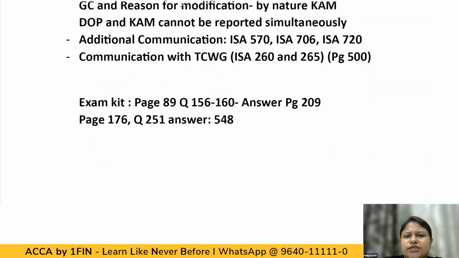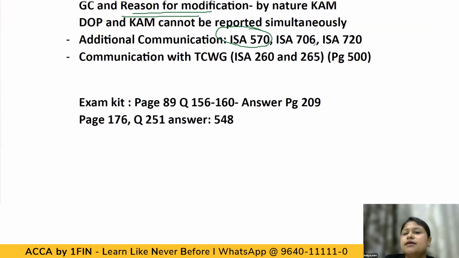Now, additional communication happens by 570, which we already discussed, going concern, regarding how management has disclosed. If it is appropriate, you give an unmodified opinion, but you will write the material uncertainty in the going concern paragraph. If the management has not disclosed appropriately, you will give an adverse opinion, but that time you will bring it where? In the basis for modified opinion paragraph.